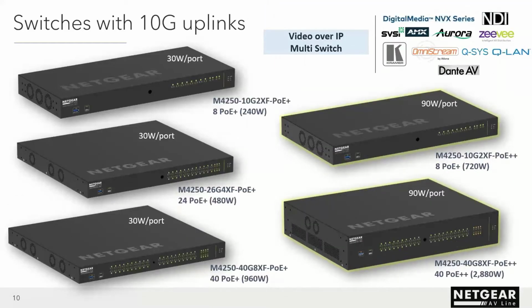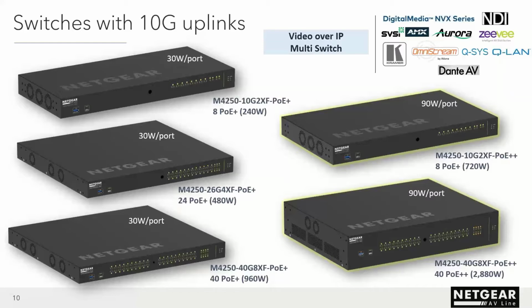Now let's go to the second group because video, we love video at NETGEAR, and we have so many of these AV manufacturers that you see on the top right that actually are not only close partners, but also actively certifying those switches and publishing those switches on their website because they got approved.